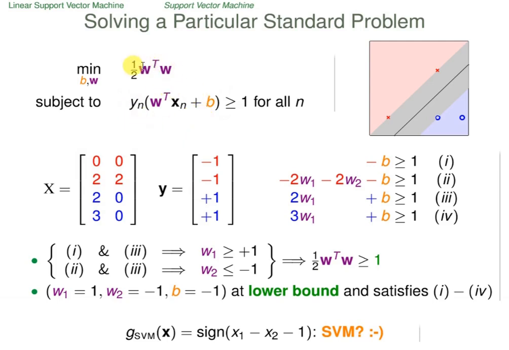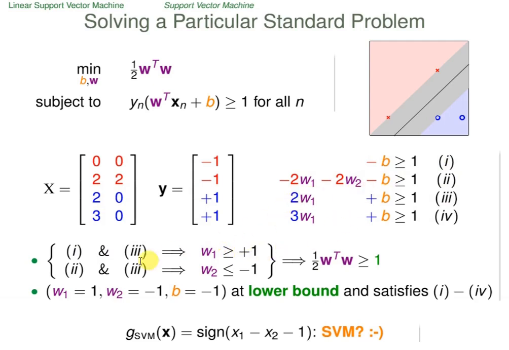So we want to find the hyperplane with the large margin that separates all these points. Now, let us try to find the maximum margin hyperplane that satisfies these conditions. By observing, we can see that for constraints 1 and 3, W1 should be greater or equal to 1.